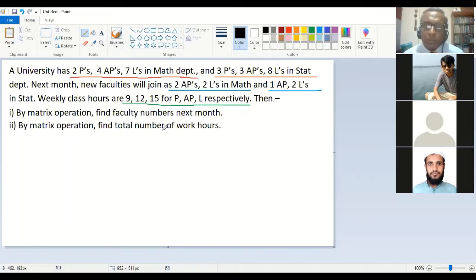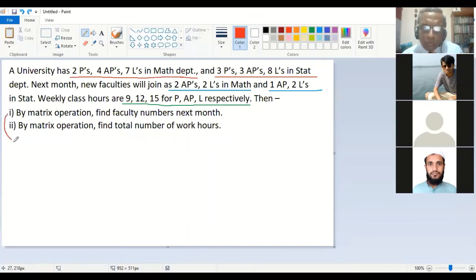I am still waiting for the Moodle environment, and I will give you a worksheet with some problems to practice at home, and then you will be confident enough. Today I will show how to solve this problem by matrix, and it is very simple actually.